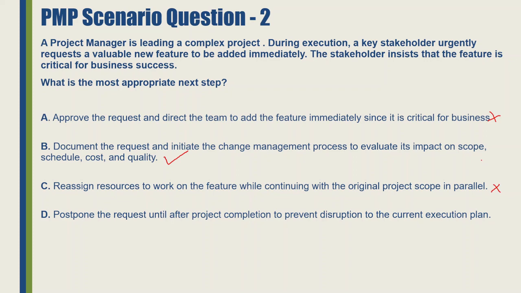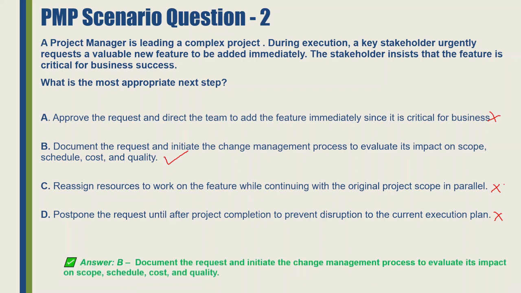The last option is postpone the request until after project completion to prevent disruption to the current execution plan. With a PMI and traditional mindset, we are not supposed to postpone the request. We can eliminate this, and the best option left is option B.